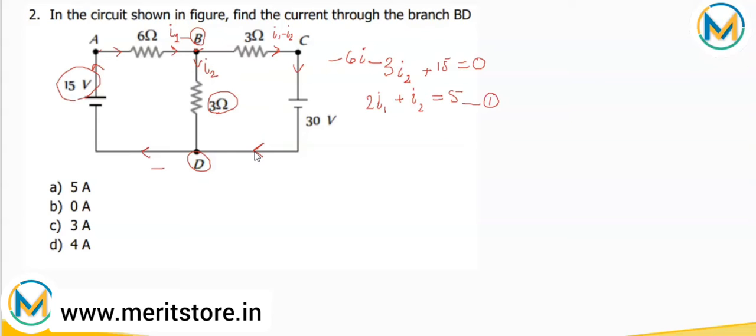So this is equation 1. Now looking at the other loop, B, C, D and again B, the second half of the circuit diagram.